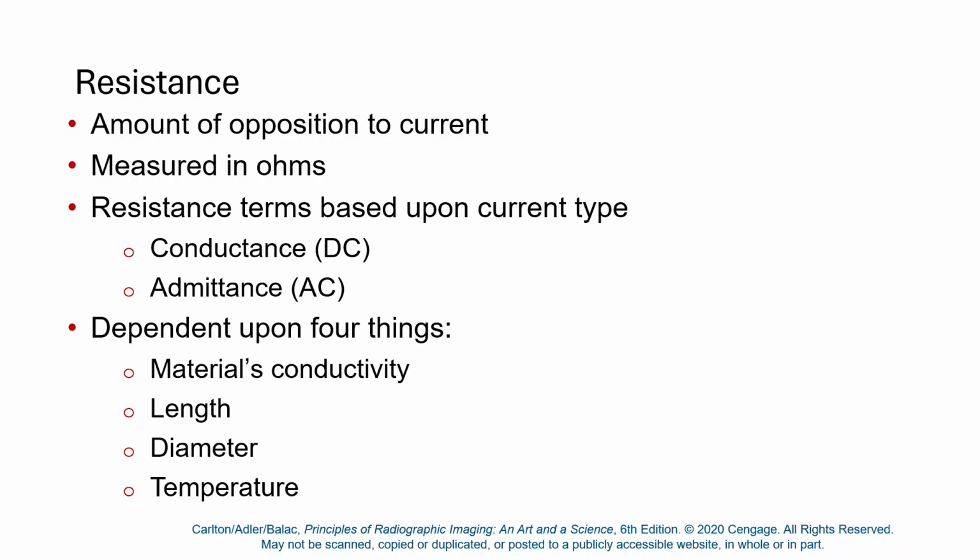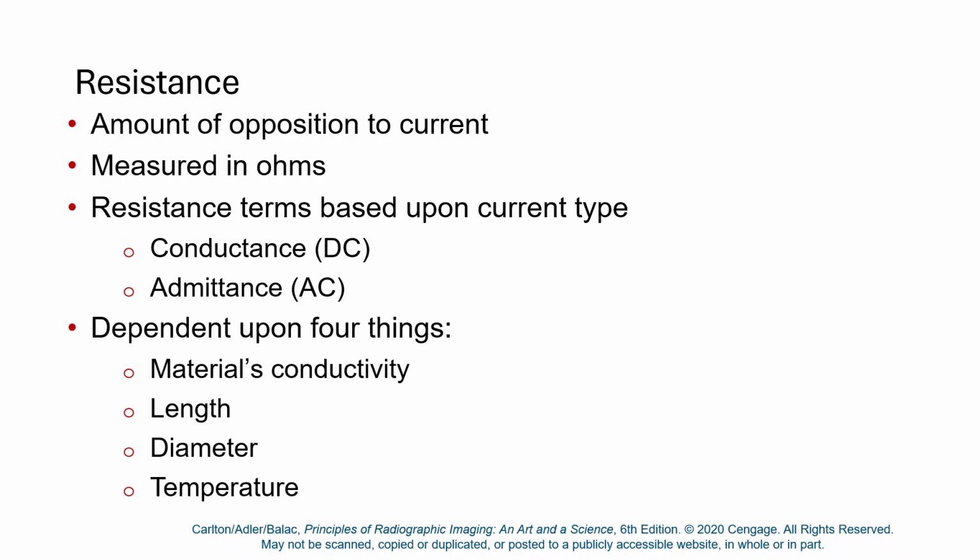Okay, so if the temperature gets hotter, the resistance increases. If the length of the wire gets longer, the resistance increases. If the diameter of the wire increases, the resistance decreases. And then as the material becomes more conductive, it is less resistance, so the resistance decreases with increased conductivity.